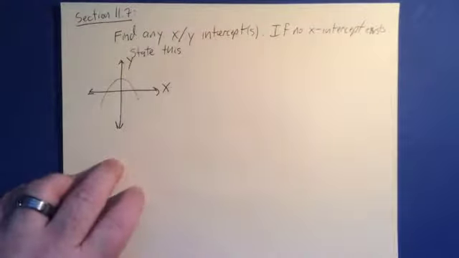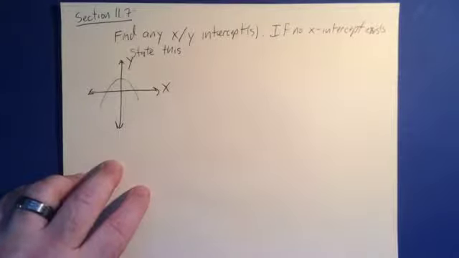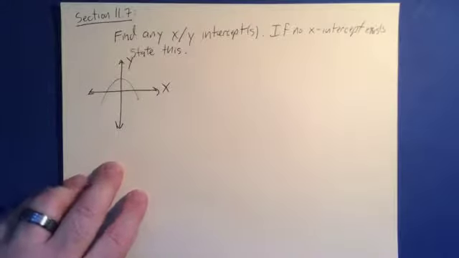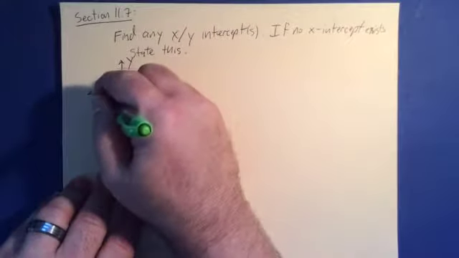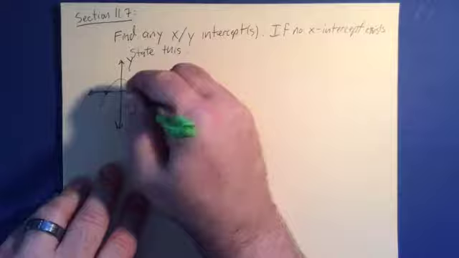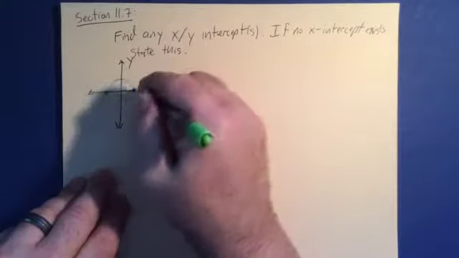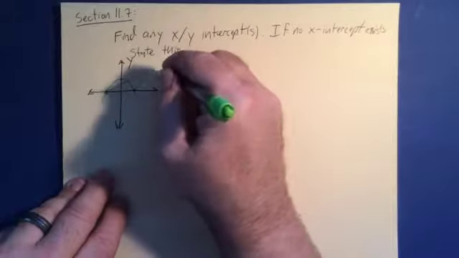There are going to be certain points where the graph of the parabola or the quadratic equation is going to cross the axis. Now, it doesn't always cross the x-axis. It should always cross the y-axis, at least for what we're looking at now. So the points at which the parabola crosses the x-axis, these are what we refer to as the x-intercepts.